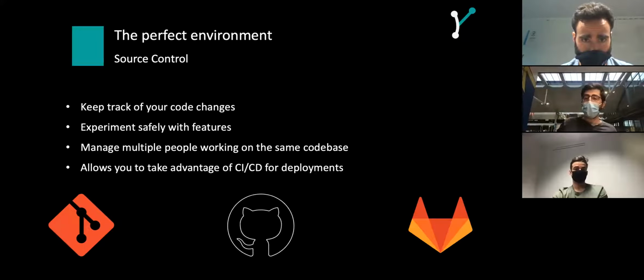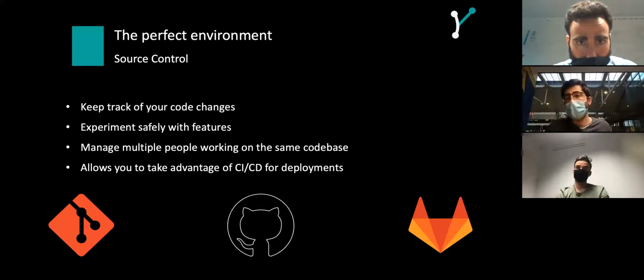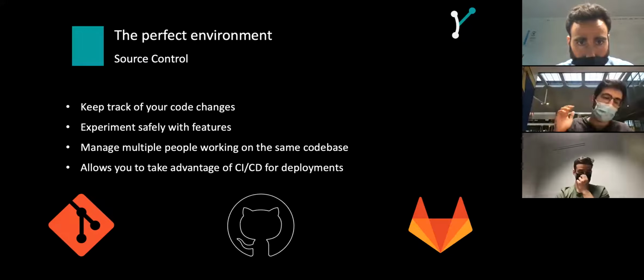For setting up an environment, the first thing you're going to need is source control. What is source control? It's a tool, maybe the most famous of which is Git, but there are other tools like Mercurial, SVN, TFS. I would definitely recommend Git.